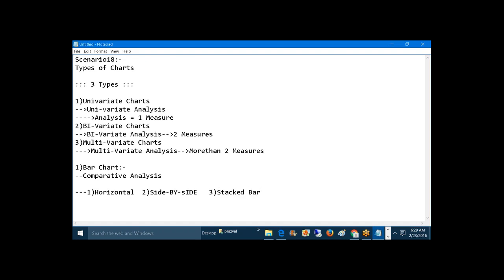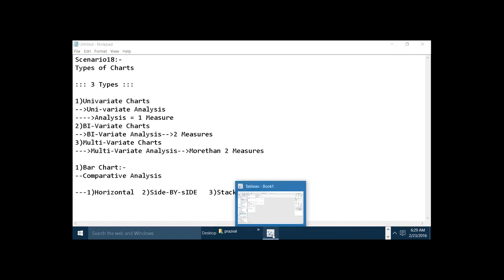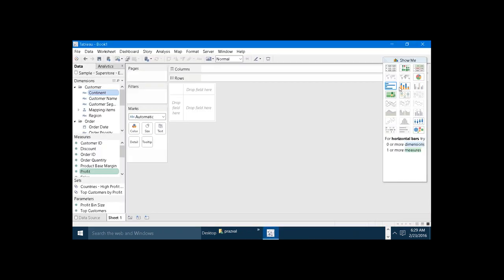If we go to the bar charts, here we can see all three different types: horizontal bar, stacked bar, and the side-by-side bar.